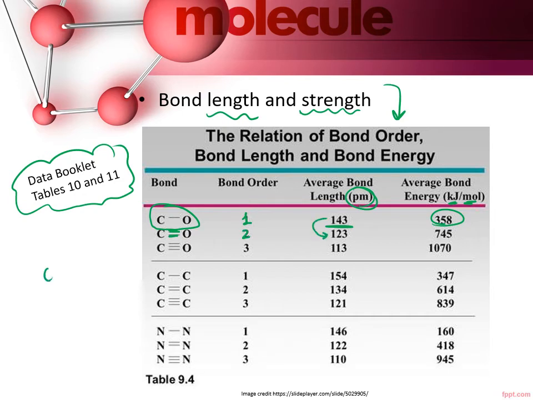And the reason is because in a single bond, I'm only sharing one pair of electrons. So I have two electrons, I have the nucleus, I have the nucleus. We have electrostatic forces of attraction between the nucleus of carbon and that shared pair of electrons, and the nucleus of oxygen and that shared pair of electrons. But if I do a double bond, now I have more electrons.